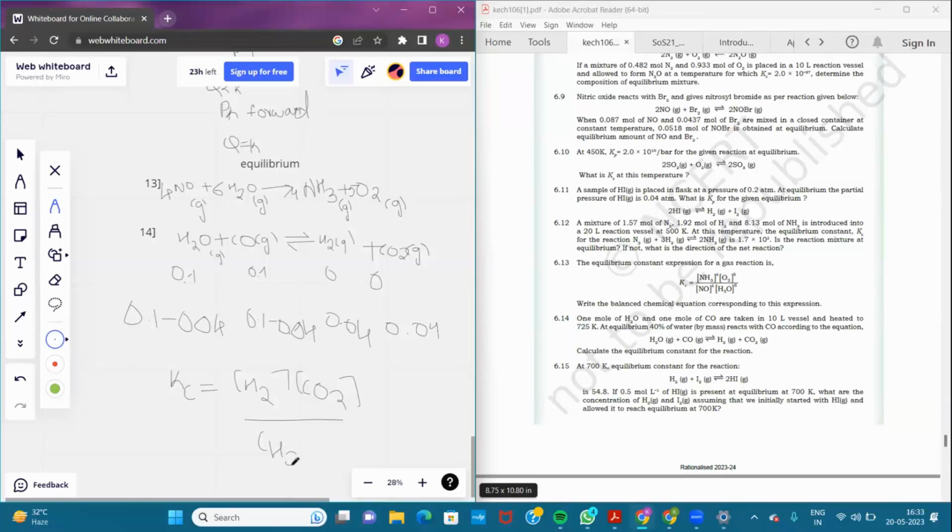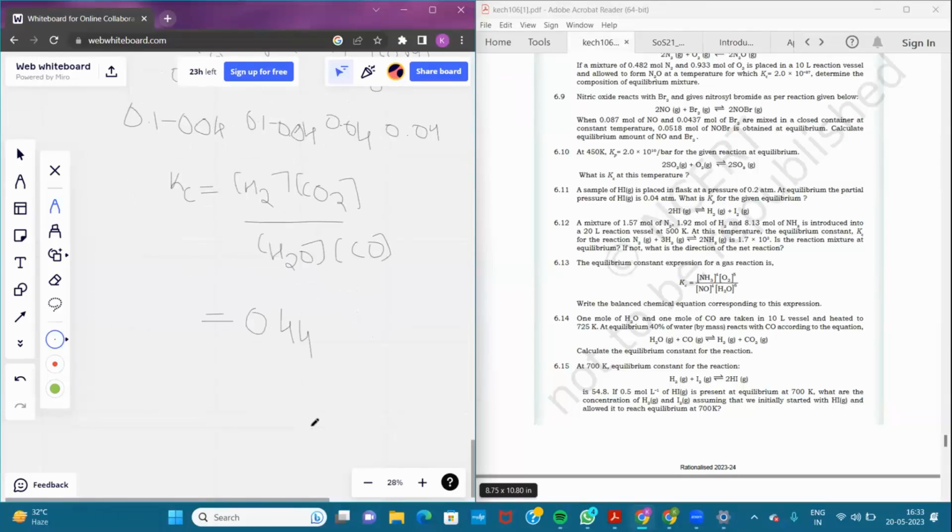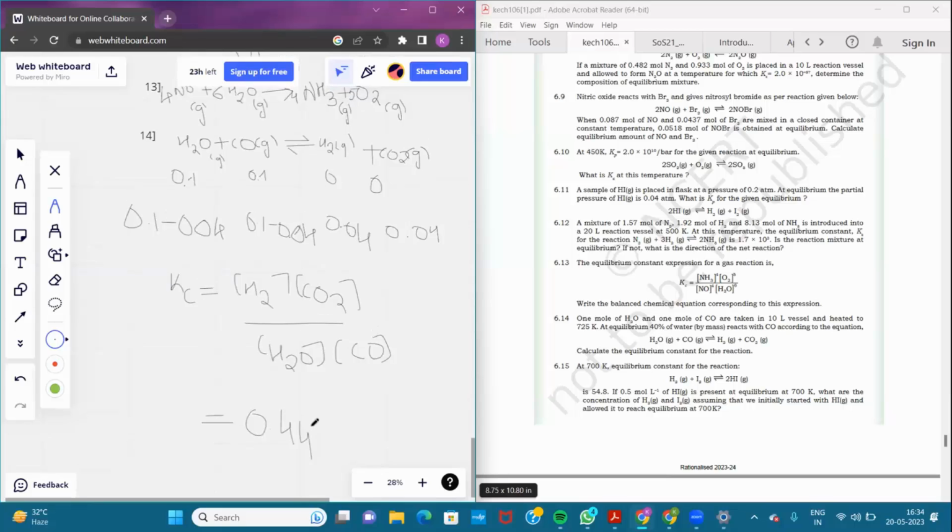Here H2O is a gas, and that's the reason I'm mentioning it in the expression, and CO. Substitute the above values, and we'll get the answer as 0.4. Go on with the next question.